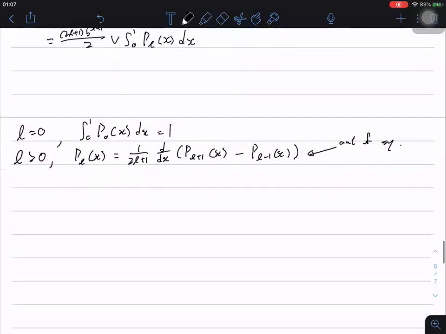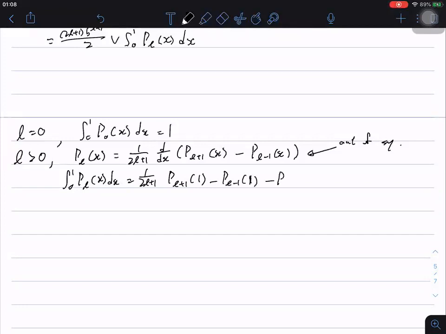Just for information, using this property we can perform an integration on both sides. The right hand side is basically differentiating and then doing the integration, so we just have to plug x equal to 1 and 0 into the right hand side.